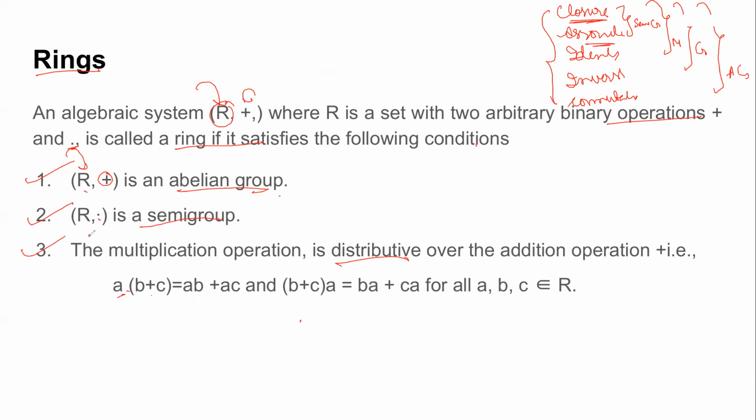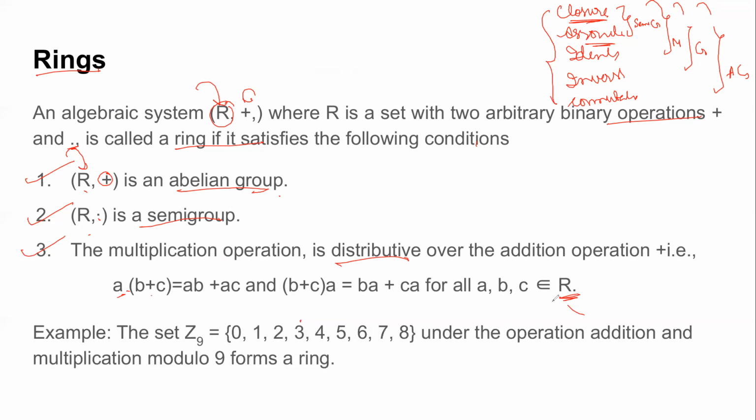So if R on addition is an abelian group, R on multiplication is a semi group, and the two operations are distributive, such kinds of structures are known as rings. Is that clear? What is a ring? As I said, it's all the same properties, just some new ones are added.